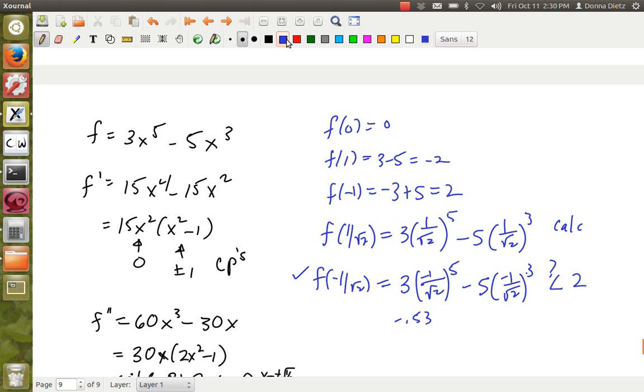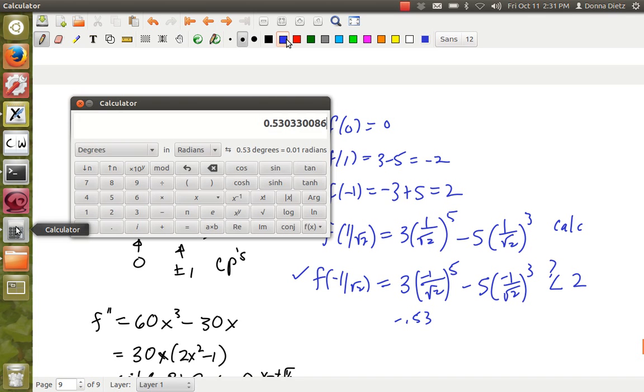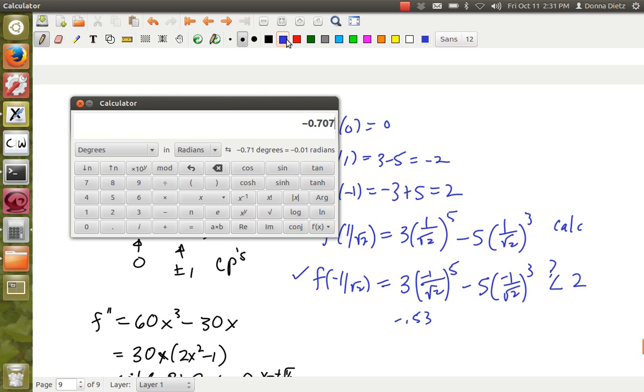Let's try to do the same thing for the other piece over here. It was 0.707. So we had a minus 0.707 to the power of 3 times -5.